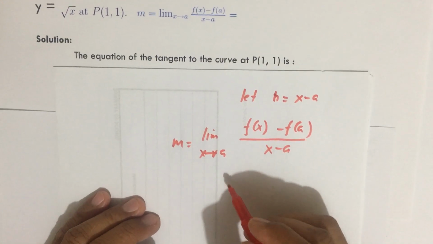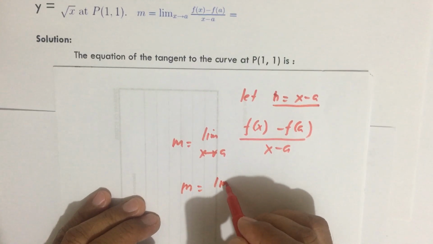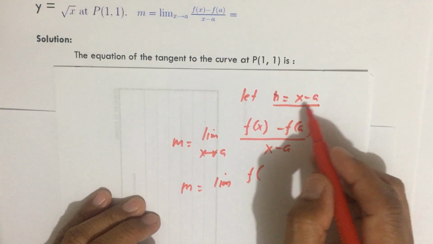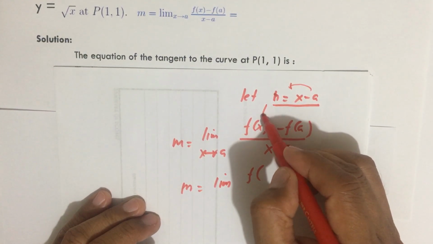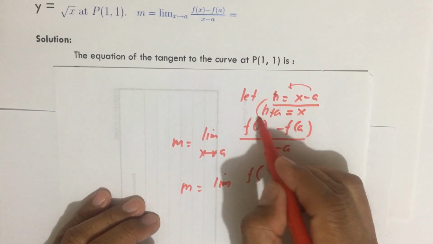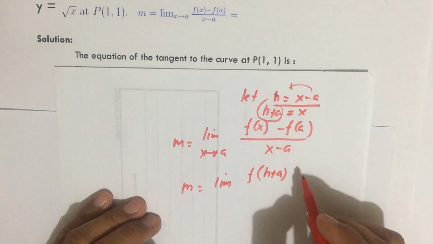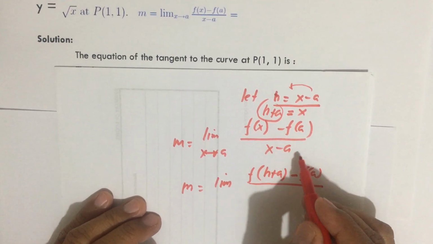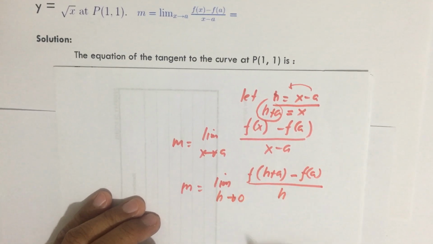Now when we let h equal x minus a, m becomes the limit of f of, so you have to solve for x here, so x becomes h plus a, you transpose a there, so f of h plus a, then minus f of a, then divided by x minus a, which is equal to h, as h this time approaches 0.